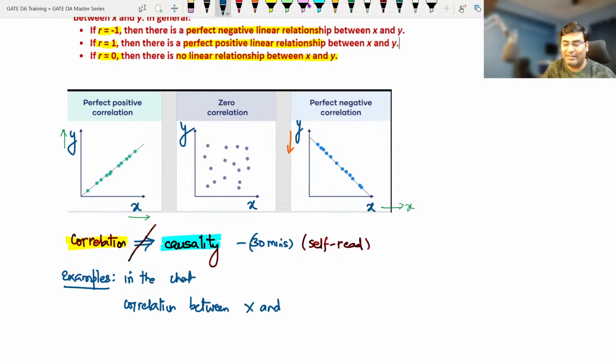You understand what I'm saying? Means you find some correlation between x and y, but it doesn't lead to any causality. Since two things are related doesn't mean that one is causing the other. So it doesn't lead to causality.